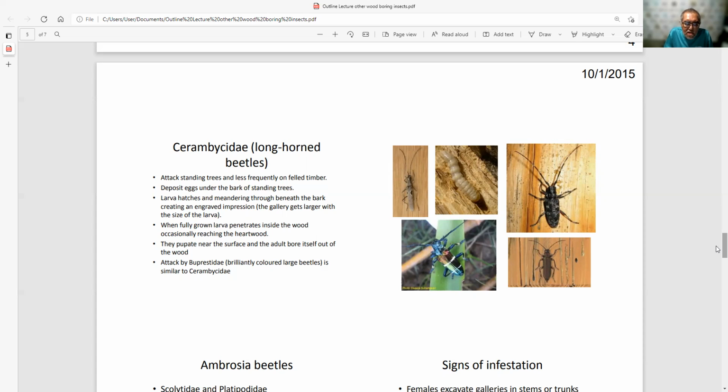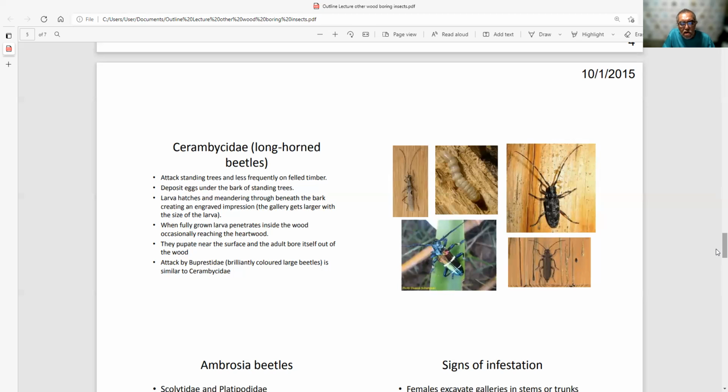And you can see the impression made by the larva as they meander through, dia bergerak dan membentuk satu corak, as they develop from instar to instar, and later on pupate before they emerge into an adult.